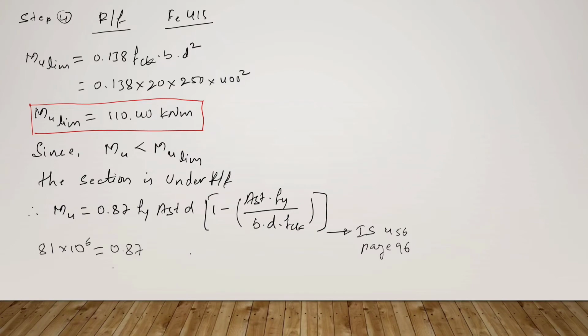So 0.87 into fy is 415 into, we don't know, area of steel reinforcement, so keep it as it is, into d is 400, into 1 minus Ast into 415 divided by b is 250 into d is 400, fck is 20.